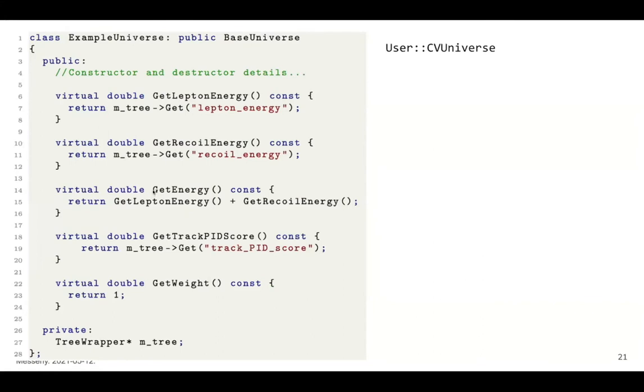For example, if we have some get energy function, then it'll be the combination of these two, where in each universe we will correctly call the systematically shifted version of this function. Right. So if that's overridden in a child class, then you'll get the appropriate shift even on the derived, higher level quantity. Yep, that makes sense.